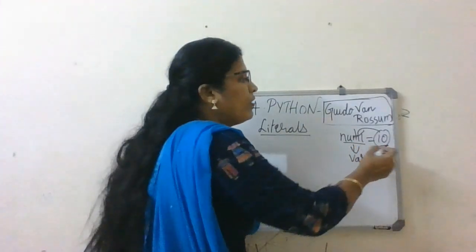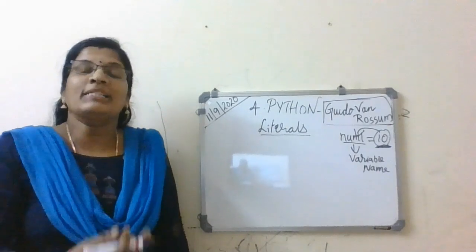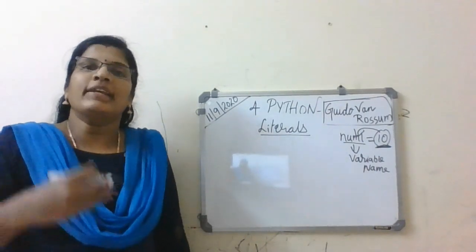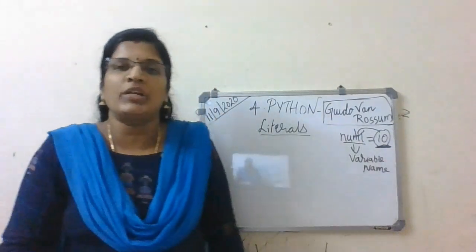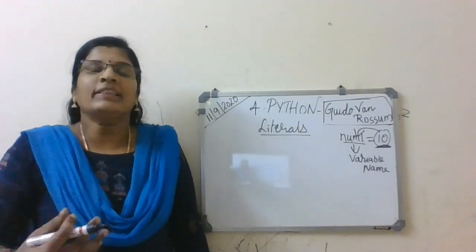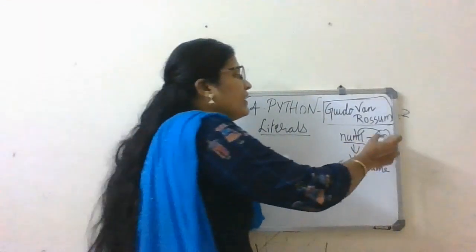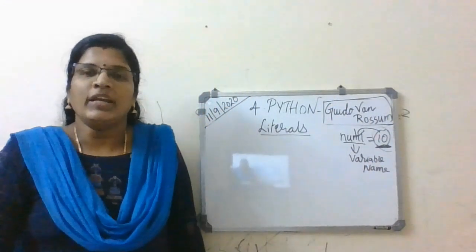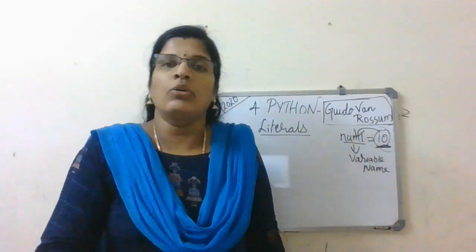So what type of data can I give? Here I have given numbers. What else can I give? I can give a name, or ABCD, yes or no questions, true or false, anything. It doesn't mean that I always have to give numbers.